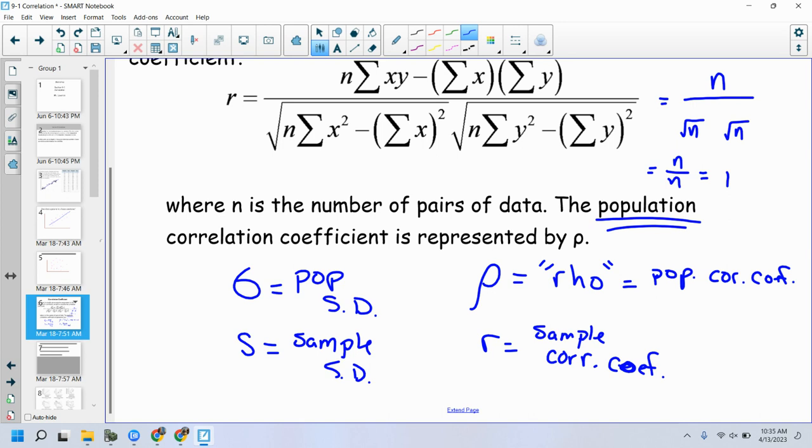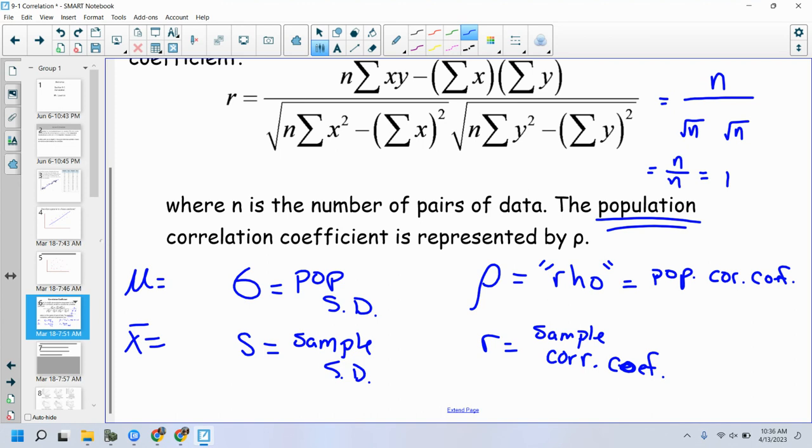So likewise, if I'm talking about a population, it's usually a Greek letter. What symbol represents population mean? Is that the X bar? No, X bar is sample mean. It was mu, which is another Greek letter.